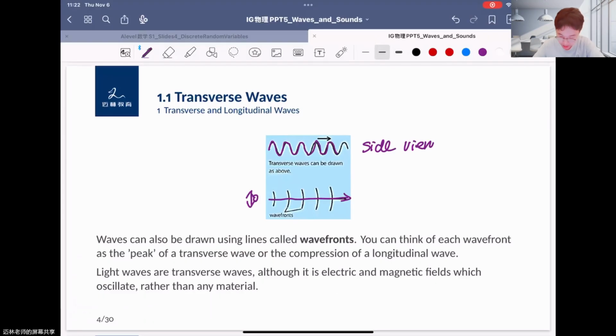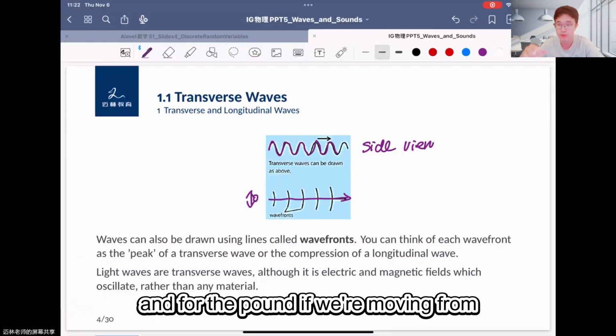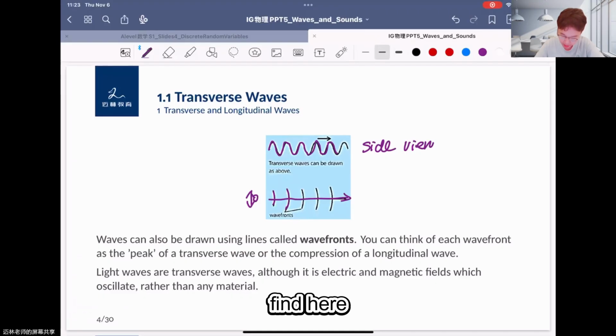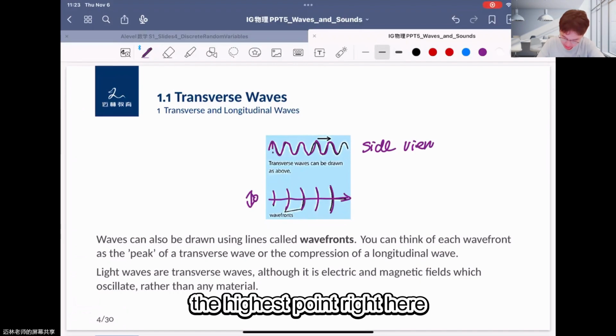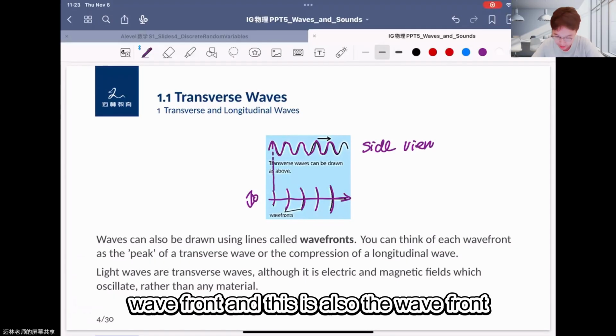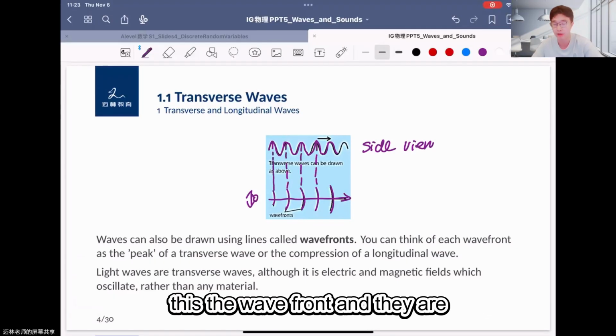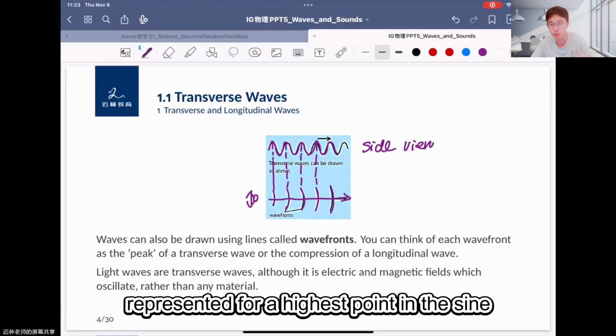And if we look at the pond from a bird's-eye view, you can find circles of ripples, right? We let the highest point right here be the wavefront, and this is also a wavefront, and there is also a wavefront. We call these the wavefronts, and they represent the highest point in the sine function.